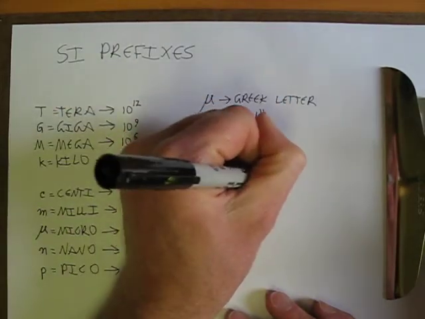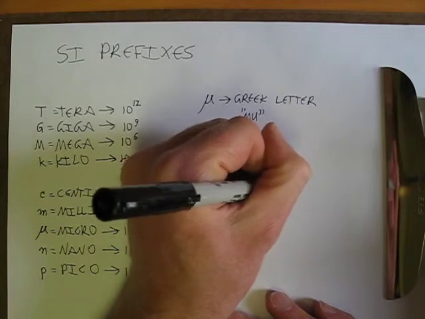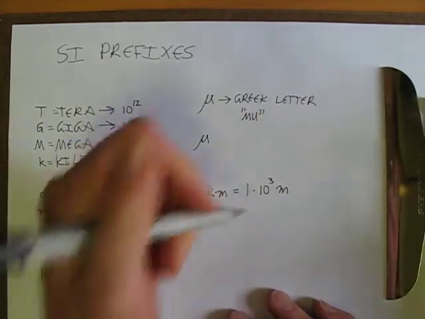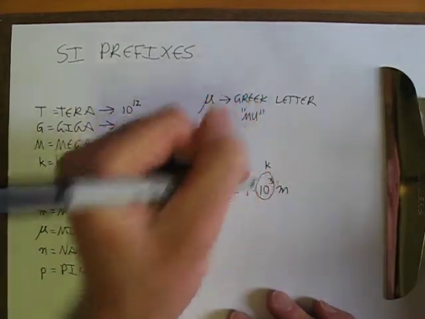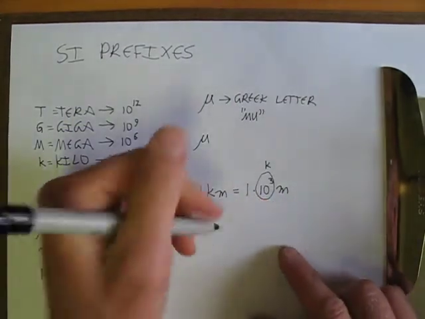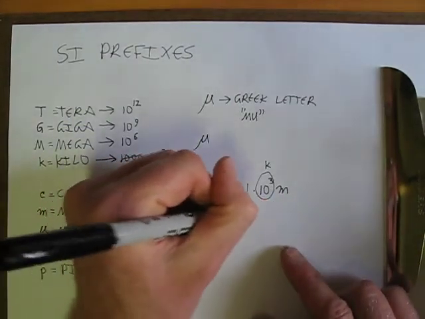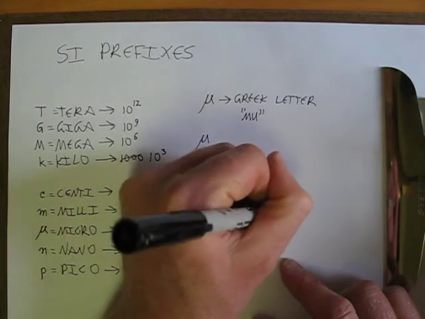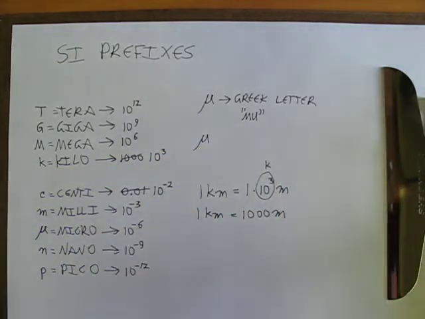So instead of writing K, I can write 10 to the third, and then that is my K. So then 1 kilometer is 1,000 meters. And finally, I'm going to leave it right there, and we're going to finish it and come back again with another video later.